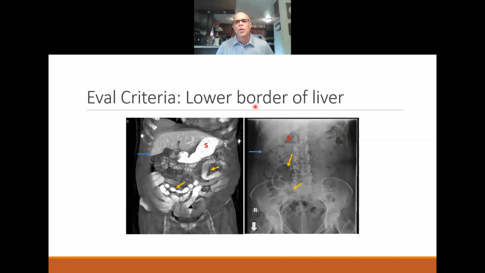Here's some lower border of the liver. Here again, I showed you this big gray area right here. That's the liver. This is called the inferior angle. We're always looking for that, that way we know that this is going to be the lowest part of the liver. So you know that your right kidney, and again, there's some bowel obstructing it, but it's right in there.